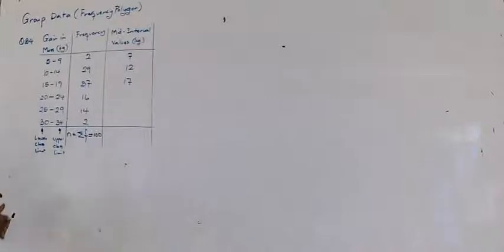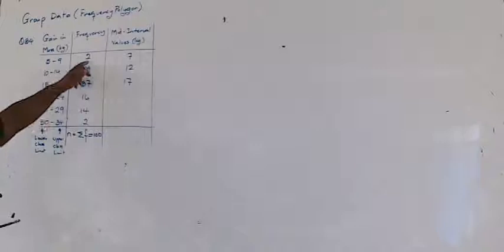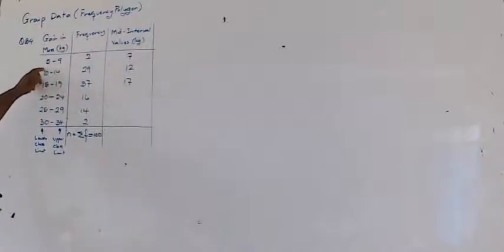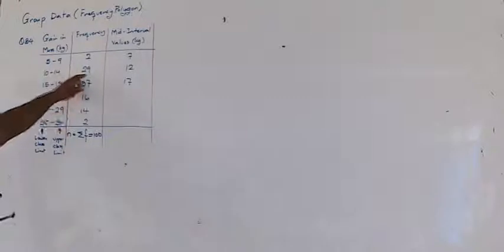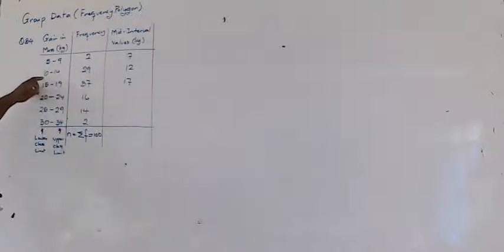In this question, the data that you're dealing with is gain in mass, and the frequency is the number of cows. So these two cows, the gain in their mass is from 5 to 9 kilograms. These 29 cows, their gain is 10 to 14 kilograms.